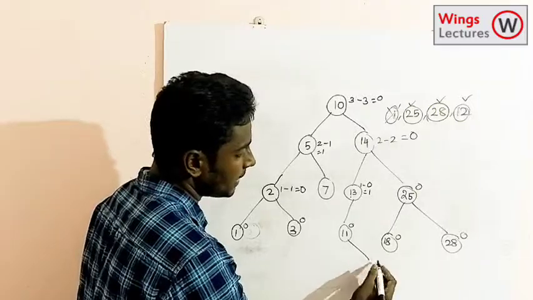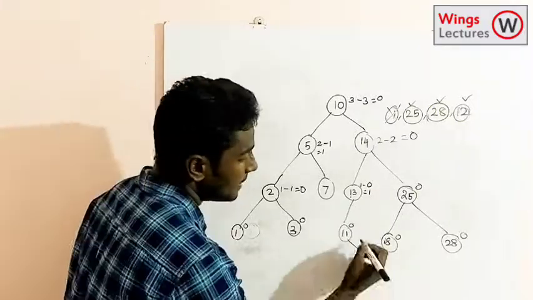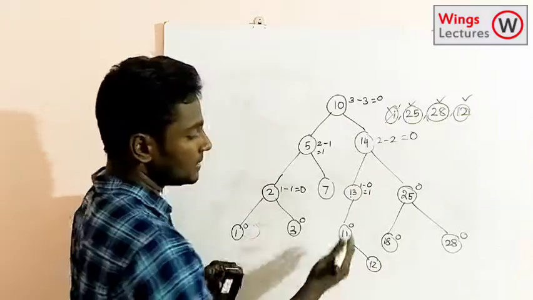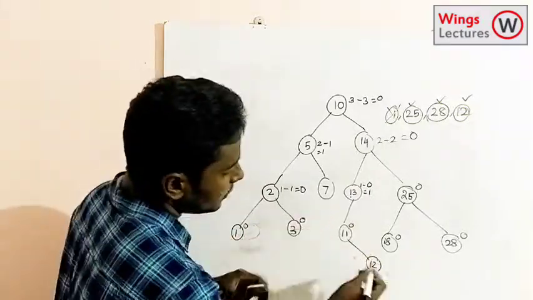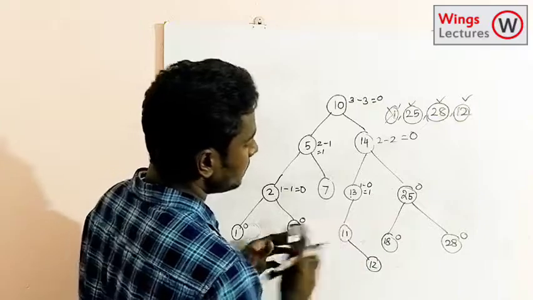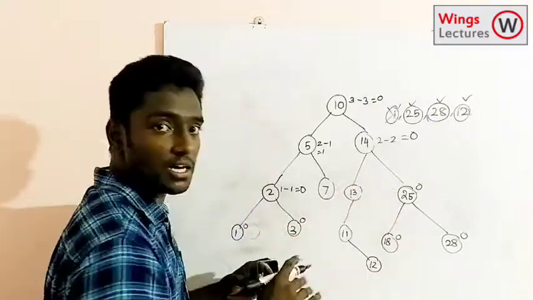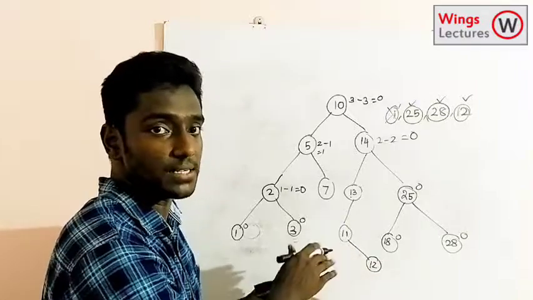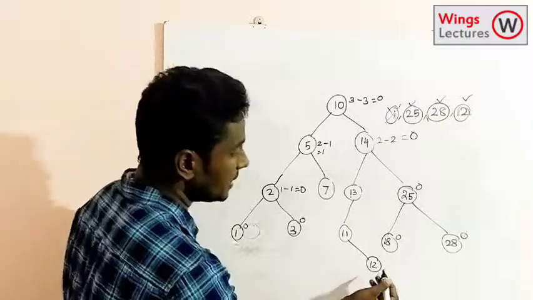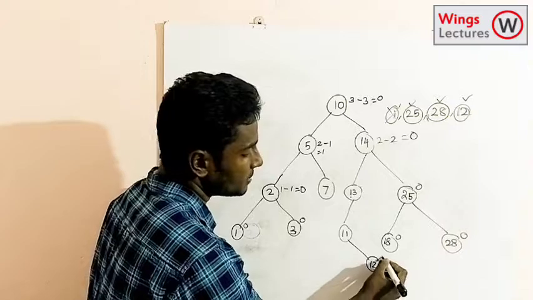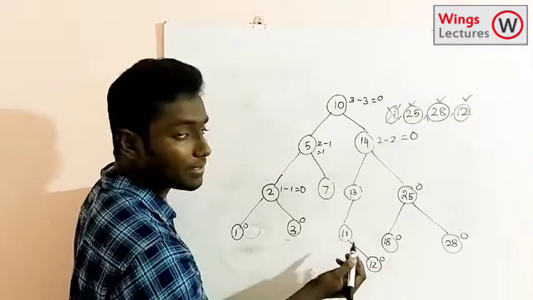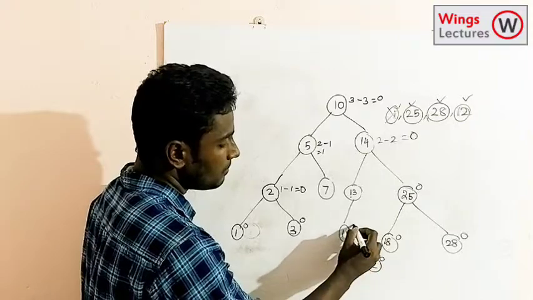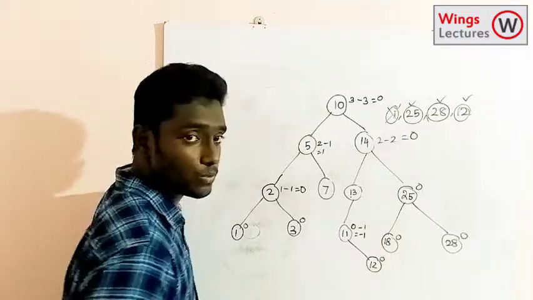So it is going to be placed at the right subtree of 11. Now check the balance factor. You have to start checking the balance factor from the last element inserted into the tree. Which one is the last element here? 12. The balance factor of 12 is 0.